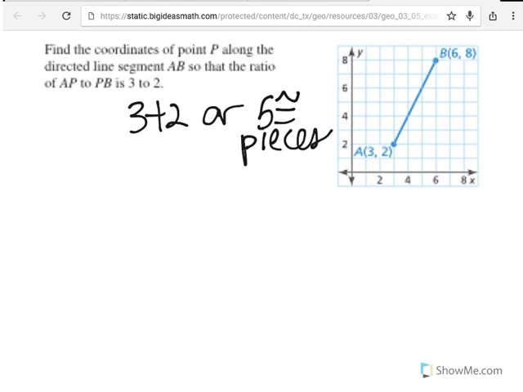So point P is the point that is 3/5 away from point A.